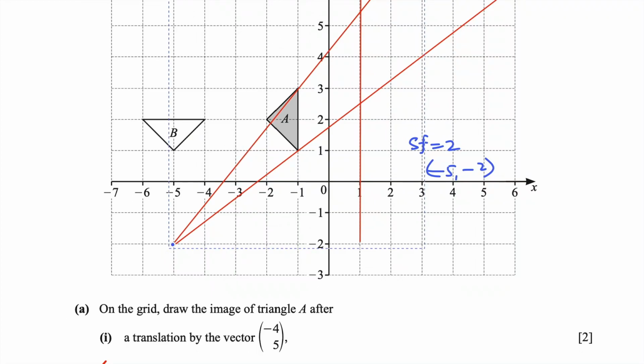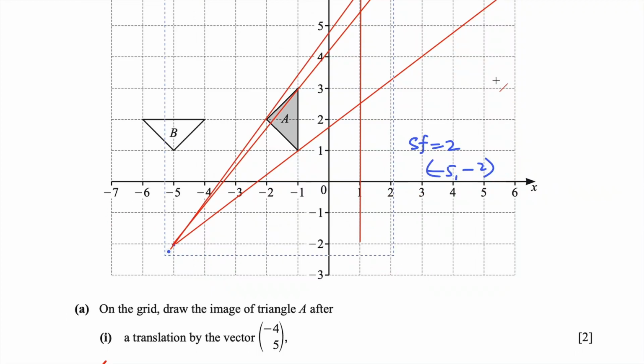So like this, and I need to draw one more line. It is connecting, and all the 3 points will be on these 3 lines.